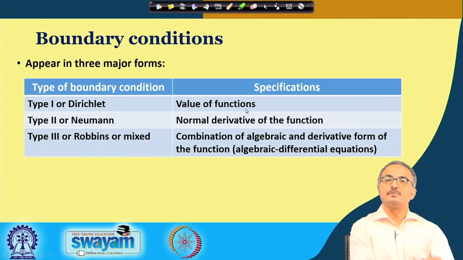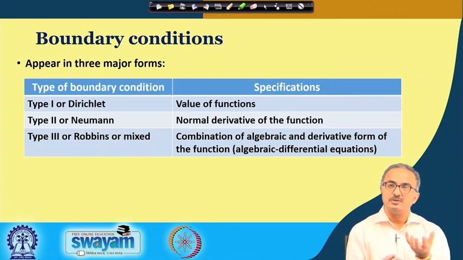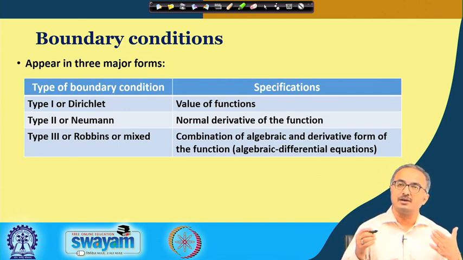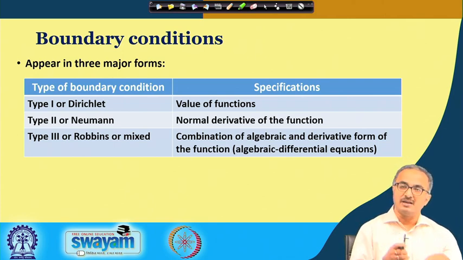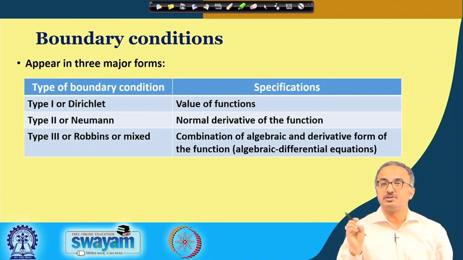That means, as I told you, suppose in the pan you are heating some liquid. So, you prescribe the temperature at the bottom of the pan. That we call the boundary condition of type 1, or many times we call it the Dirichlet condition. This way you can also figure out that suppose you are starting a car from rest; the boundary condition is rest, which means it is type 1, that means we are prescribing the value of the velocity of the particular car.